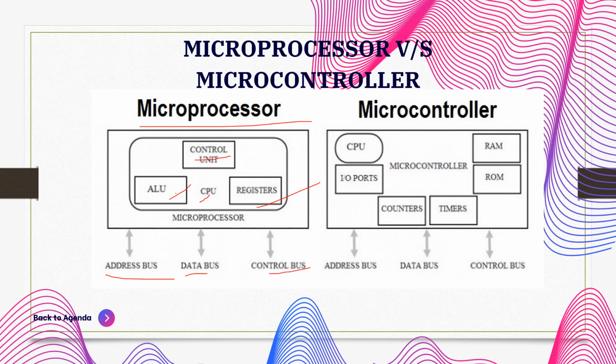Whereas the microcontroller includes a CPU, input-output ports, RAM, ROM, counters, and timers. The address buses, data buses, and control buses are used for traveling the data from one place to another.